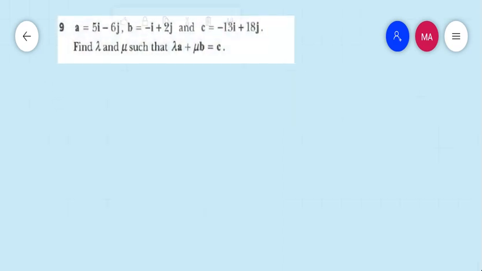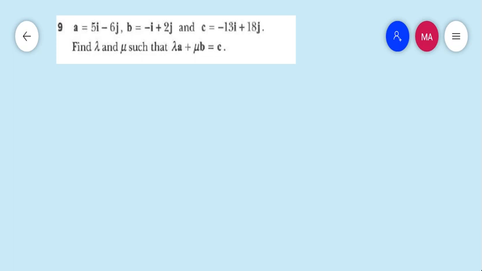Question number 9. A is equal to 5i minus 6j, B is equal to minus i plus 2j, C is equal to minus 13i plus 18j.